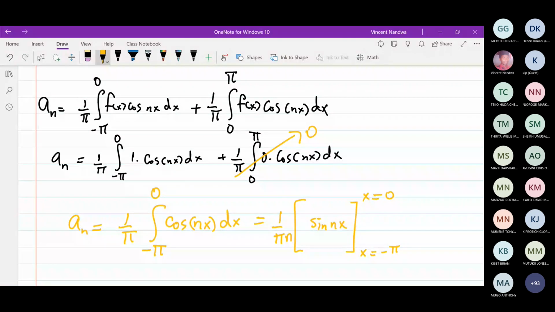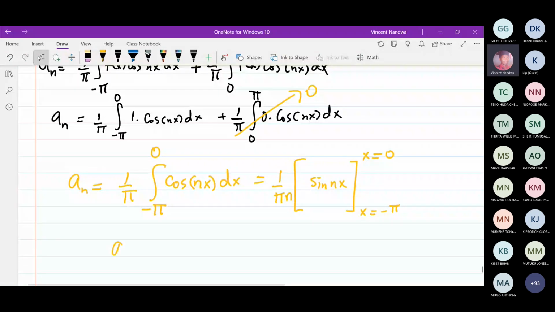Which will give us 1 over pi n. So the upper limit will be sine of 0 minus the lower limit, which will be sine of minus n pi.